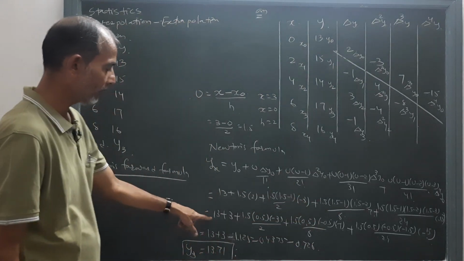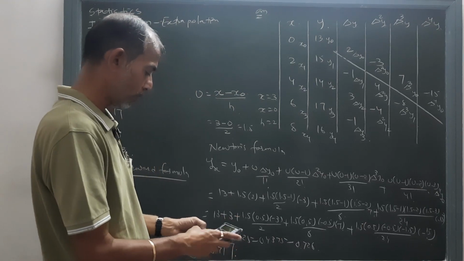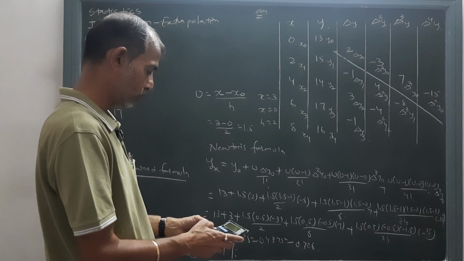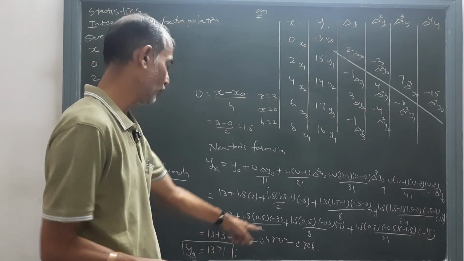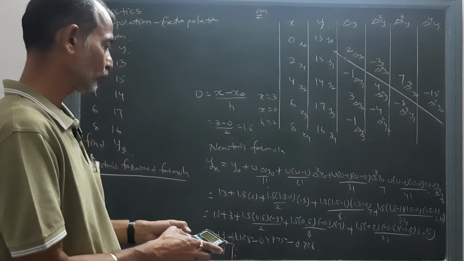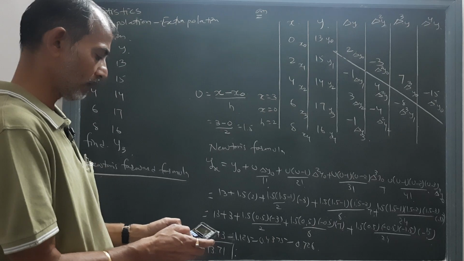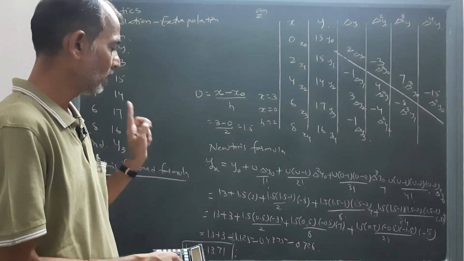Now if we simplify, 13 plus 3, then 1.5 into 0.5 into minus 3 divided by 2 is minus 1.125. 1.5 into 0.5 into minus 0.5 into 7 divided by 6 is minus 0.4375.